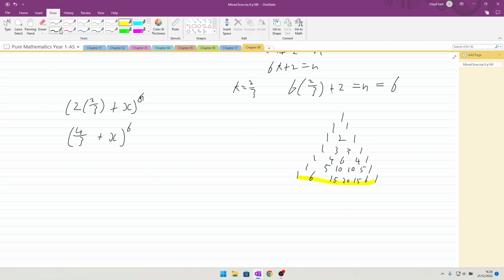So first lines, we've got 1, 6, that's the x, that's the x squared with the 15, and that's the x cubed with the 20. And we've got 4/3 to the power of 6, then 4/3 to the power of 5, 4/3 to the power of 4, 4/3 to the power of 3, and then we've got x to the power 0, x to the power 1, x to the power 2, x to the power 3.